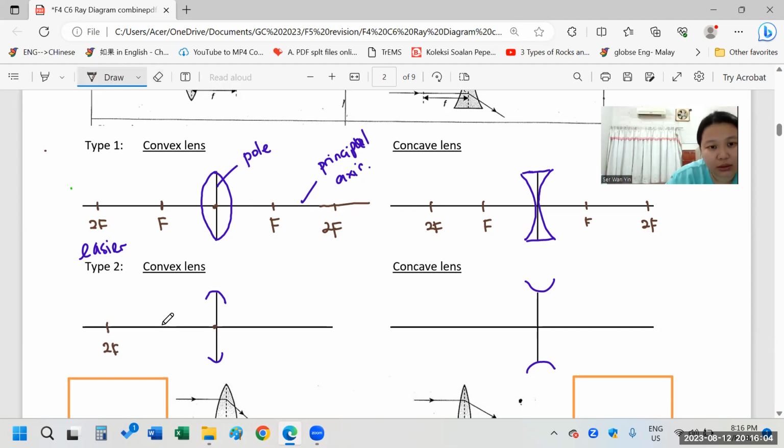From here to here, F, then from here to here, F, and 2F. Okay, so F and 2F, F and 2F. Measure properly, yeah.